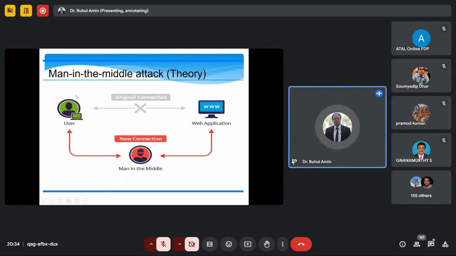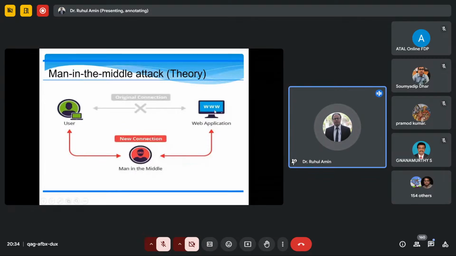It says that if there are some loopholes in this protocol, whenever they are using this original connection, the attacker can compute some kind of parameter or information as a middleman, and establish a new connection with the web application as well as with the user.